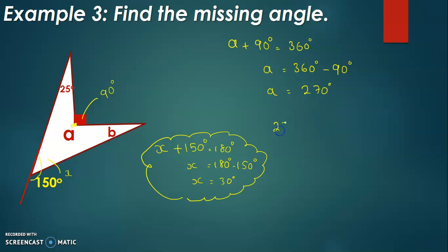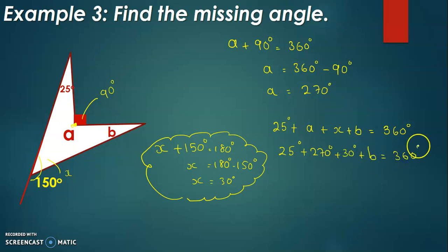So 25 degrees plus A plus X plus B would give me 360. So my 25 stays as it is, but A would become 270, and my X is 30 degrees. Then my B is still unknown at the moment.